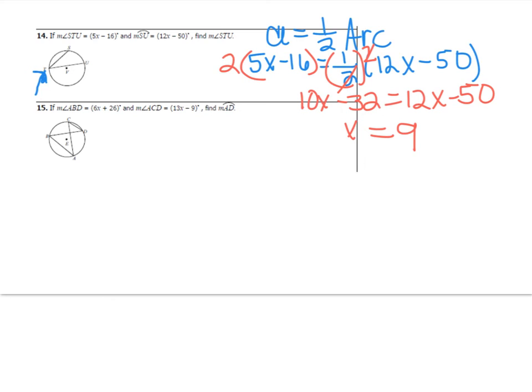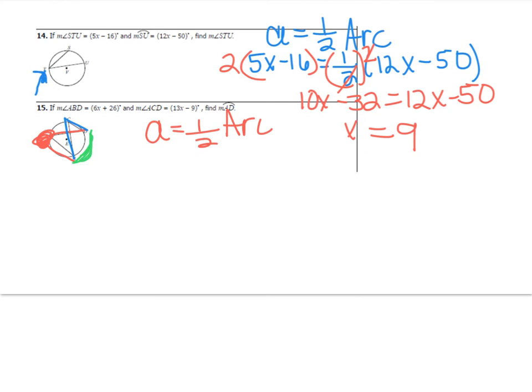This next one, angle ABD, so I'm going from A to B to D. This angle is on the circle. They're giving me that information, so I'm definitely going to start off with angle is equal to half the arc. The other information they're giving me is angle ACD. Angle ACD, I'm going to do that in blue from A to C to D. What I notice about both of those is that they actually share the same arc.